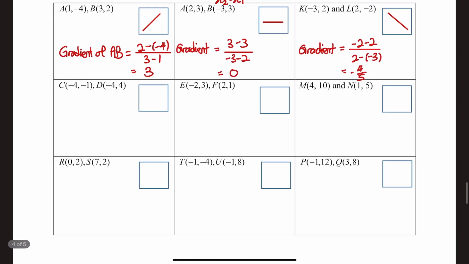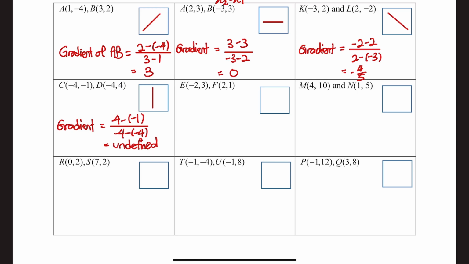Okay, moving forward. Gradient equals y2 minus y1, 4 minus -1, divided by -4 minus -4. In this case here, the denominator becomes 0. This is undefined. Undefined means your graph is a vertical line.